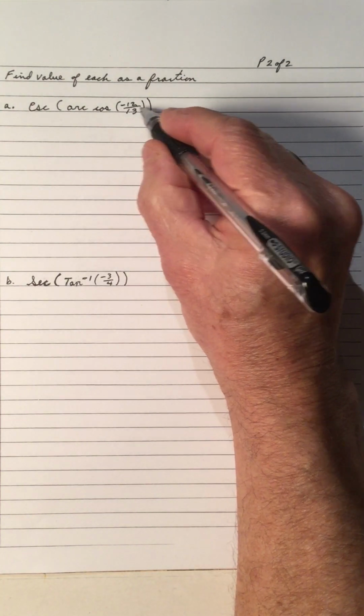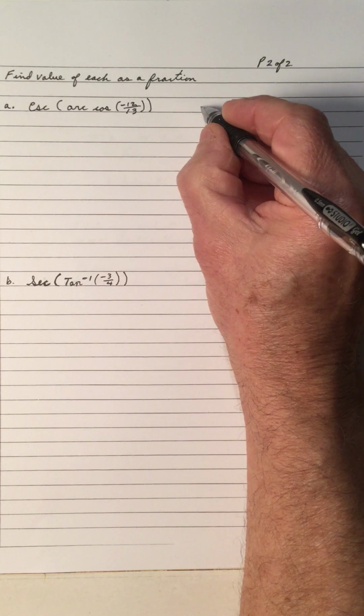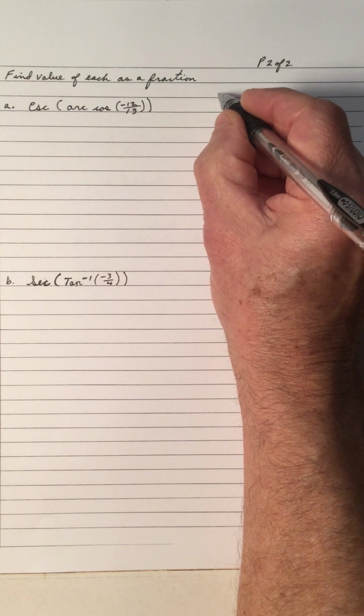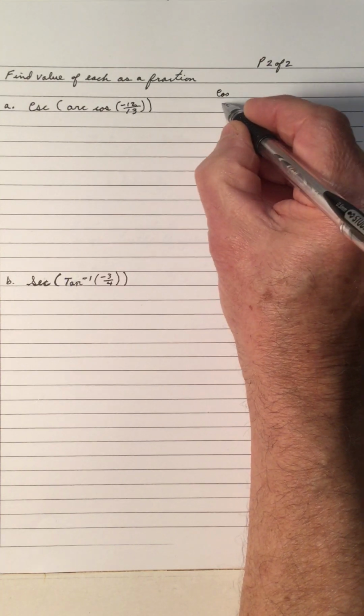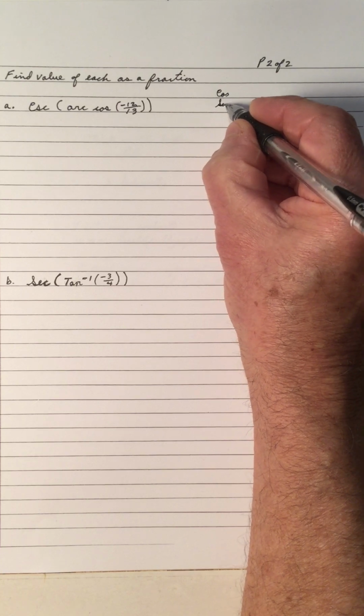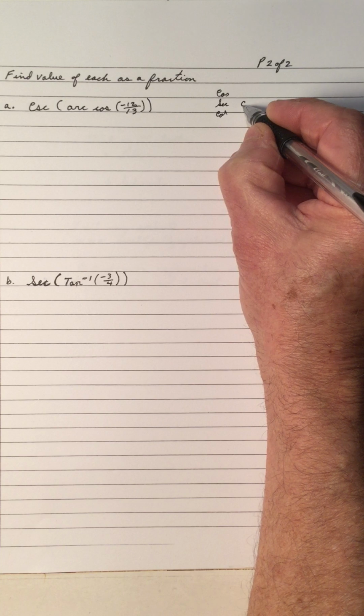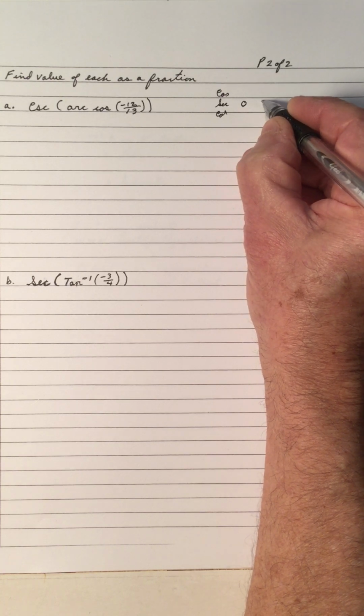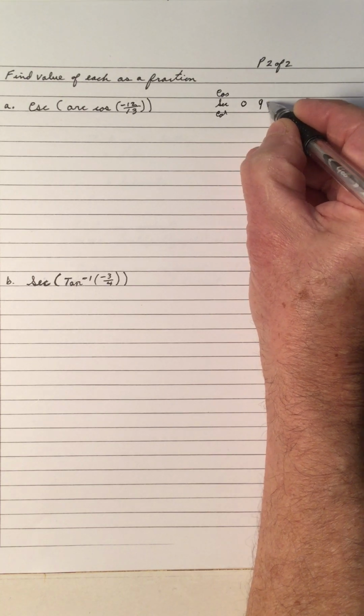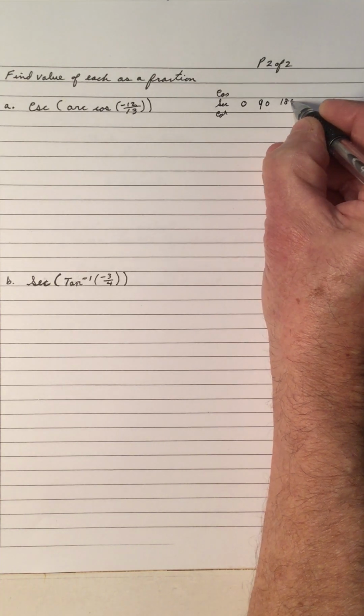Cos is negative. We have cos, and we have secant, and we have cot. All of those have the angle, when you do the inverse, between 0 and 180.